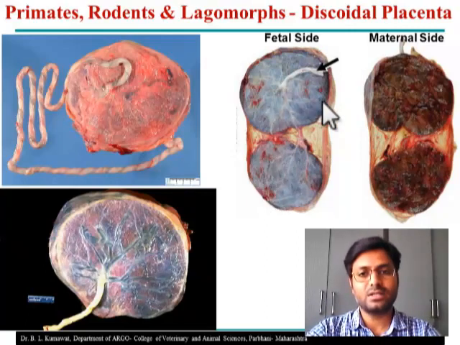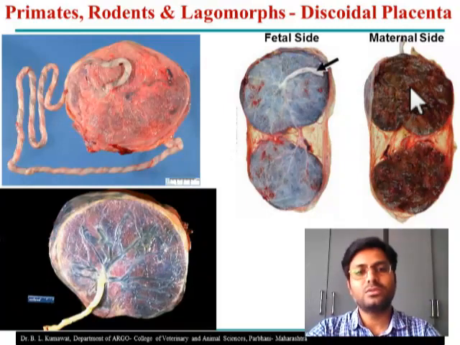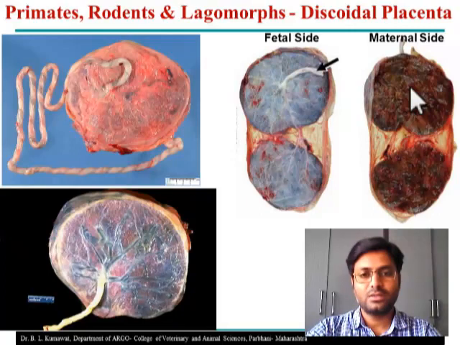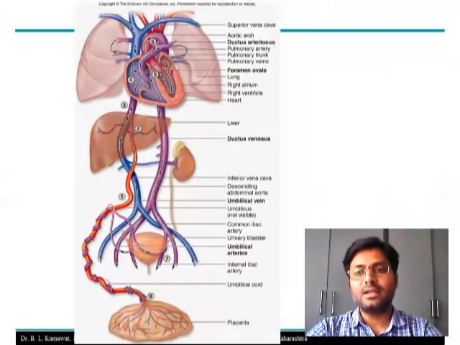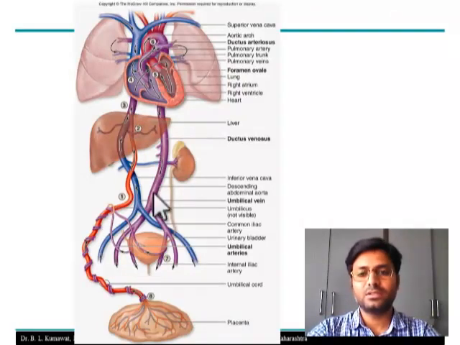And you can see the corresponding structure of this fetal part of placenta on the endometrium, that is the maternal side of placenta, and this is how these discs are making close contact with each other to establish the placental function. And at last you can see the fetal blood circulation.